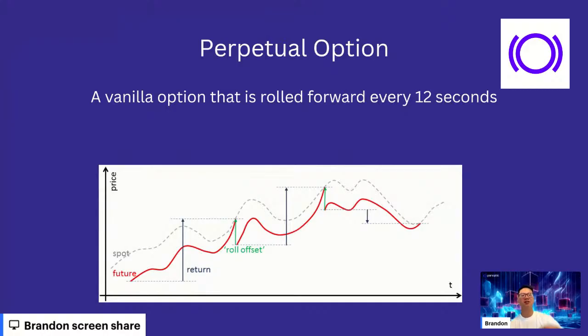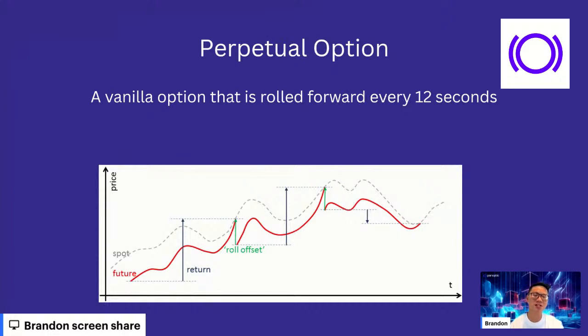Every 12 seconds, you sell the option and you buy the same expiry option, and that means it just rolls forward continuously forever. And the amount that you receive as premium is going to be the difference between how much you're selling for and then rebuying it for every time. So this is kind of like the LP fee that's getting generated every time. Why 12 seconds?